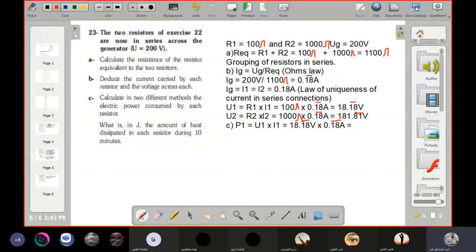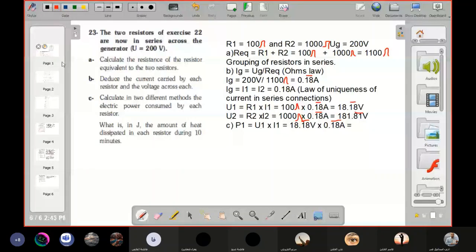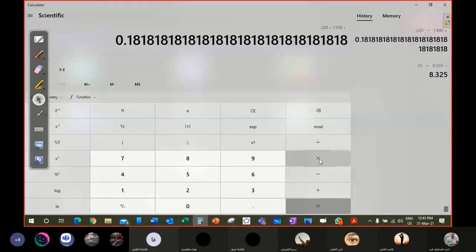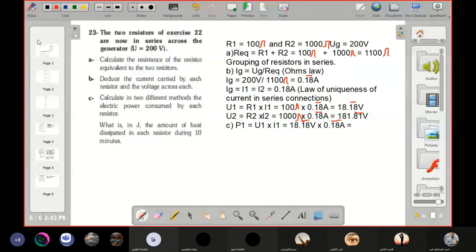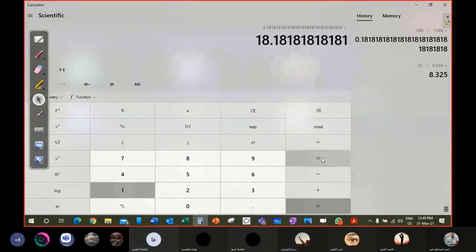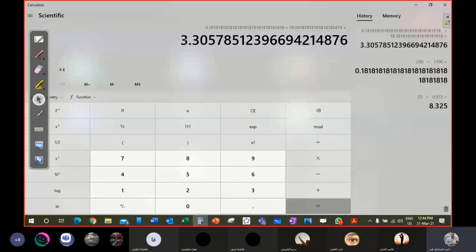How much did you get for the answer? Okay, give me the answer, please. It is equal 3.2724. 3.305.